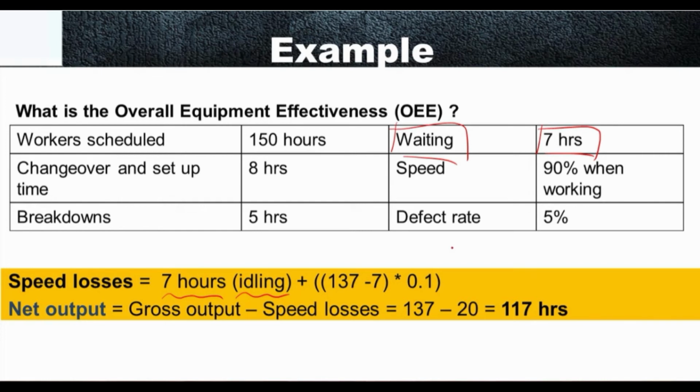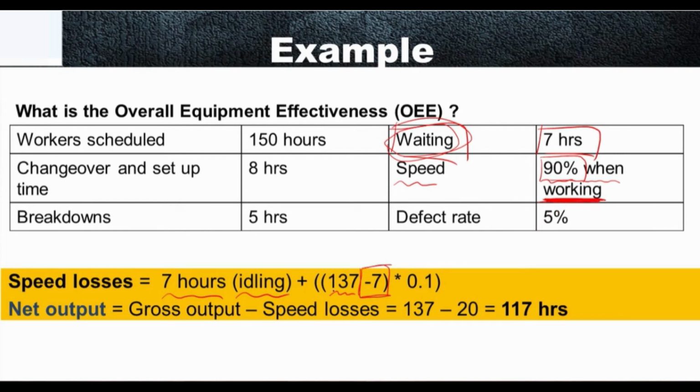They're idling. But then we also are faced with the fact that our speed is only 90% of what it should be, okay? So there's a 10% loss of speed. Of the 137 hours that was the gross output, we have to first subtract 7, because during 7 of those hours there was no working, just waiting. Now remember, our speed was 90% when working, so we have to reduce the waiting part, alright?